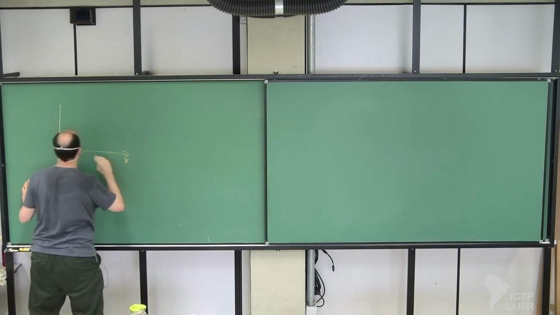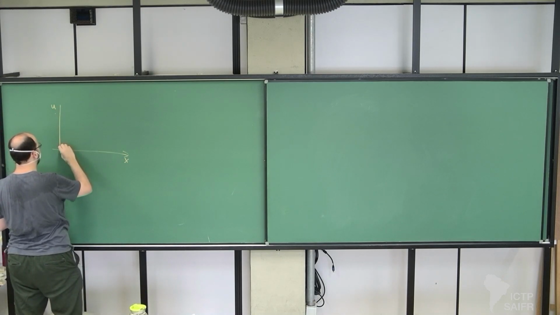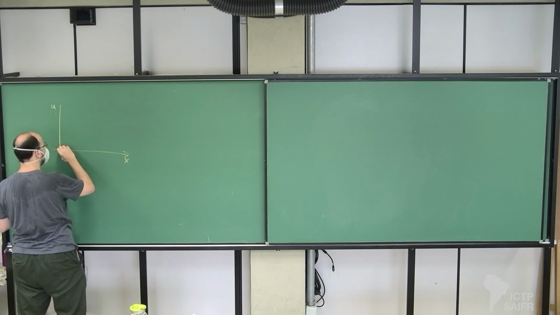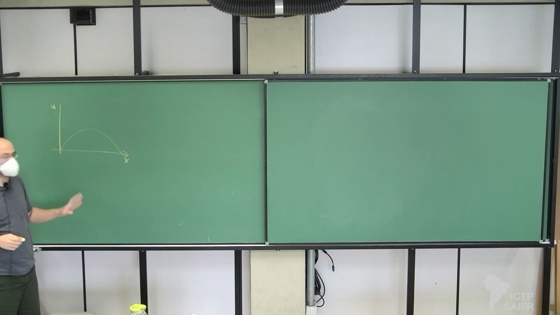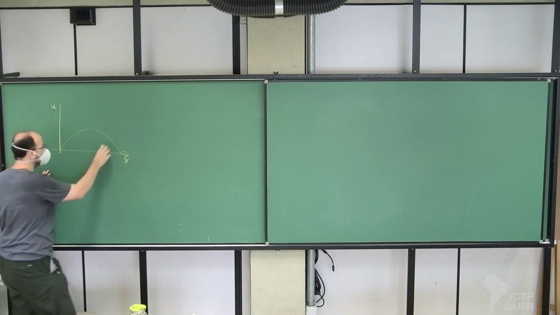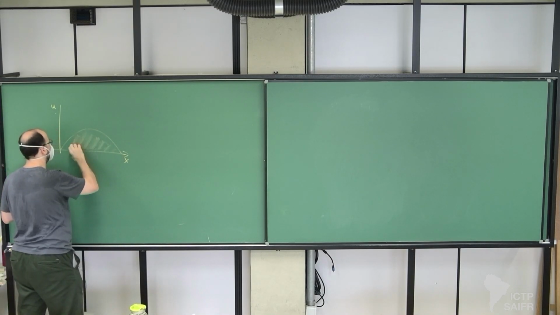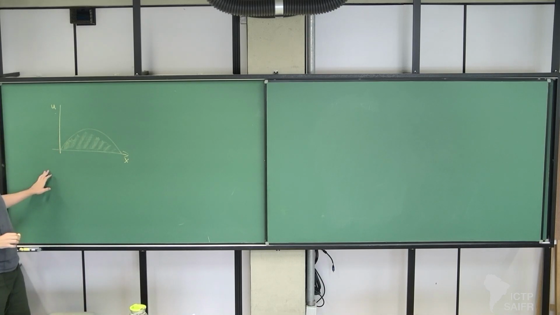So this is x, this is u, and I have something like this, right? So the function is like this, okay? But we don't have the function itself, right? So what we want is the area here, this area here, yeah? Does that make sense or not?